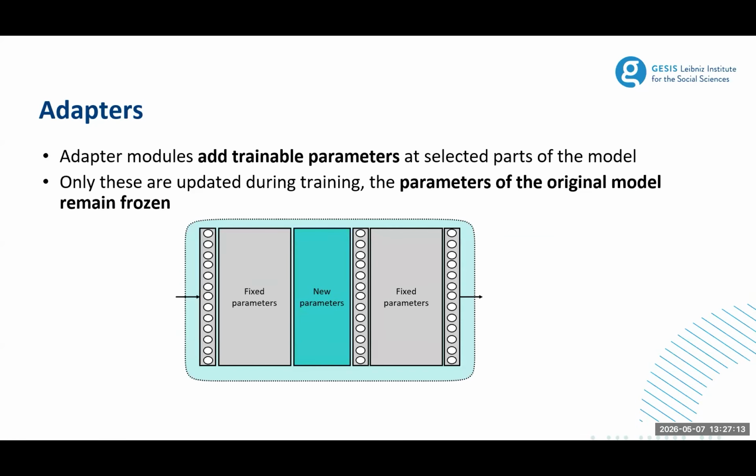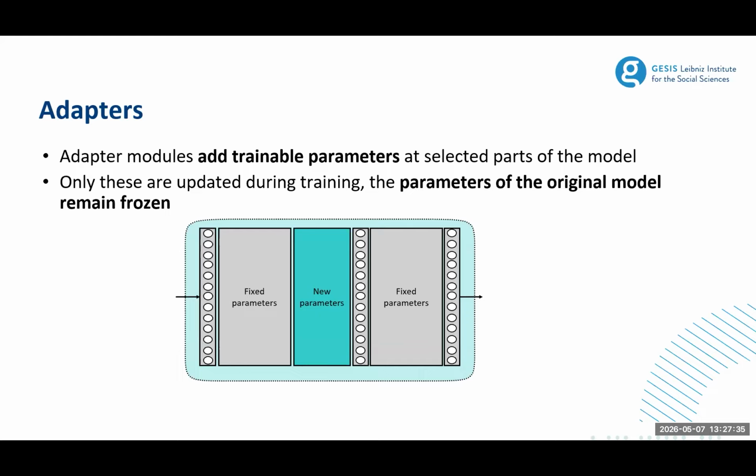Okay. So the idea of this parameter efficient fine-tuning is that we want to reduce the number of trainable parameters. And how do adapters do this? They add more parameters at selected parts of the model, which is at first quite counterintuitive, right?